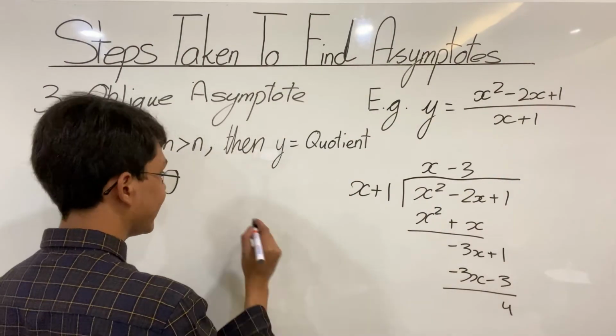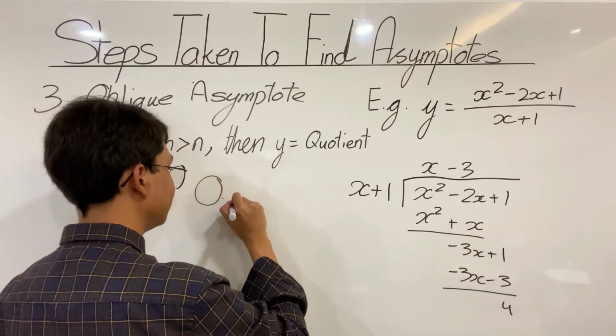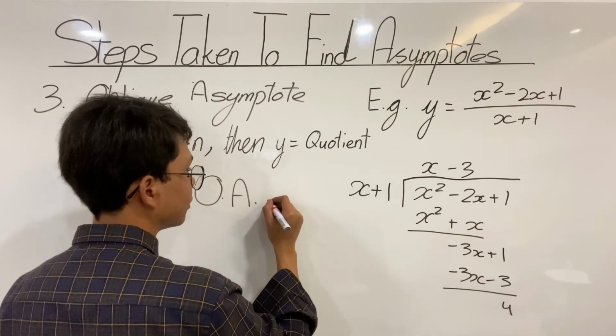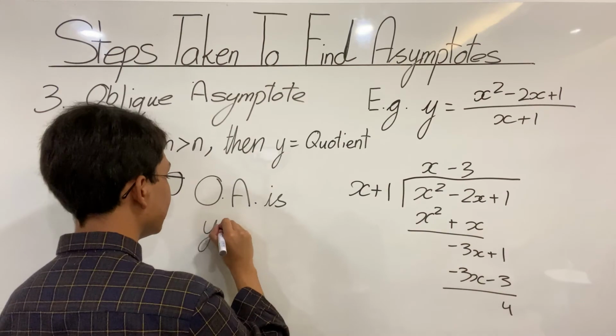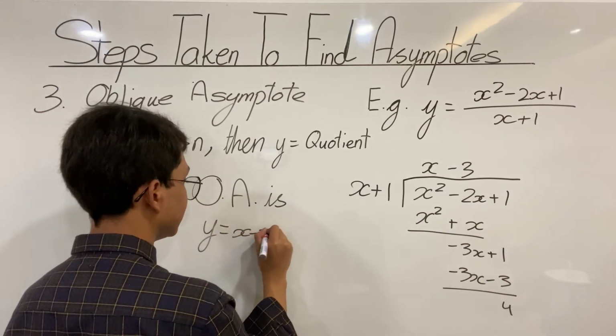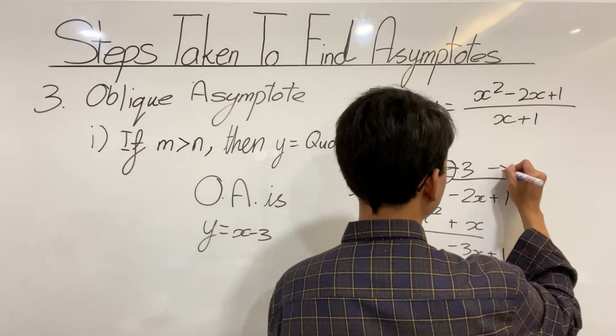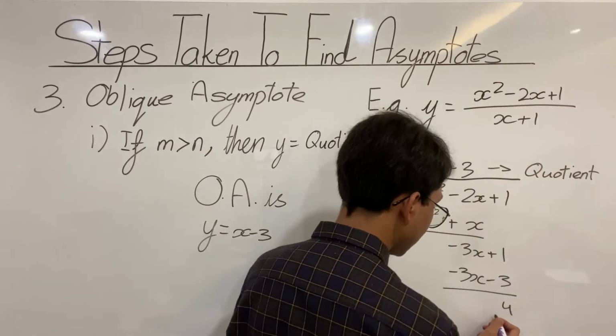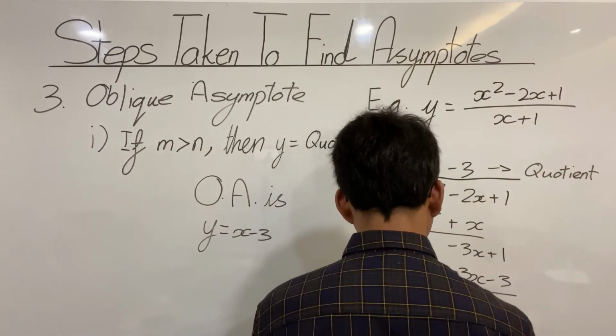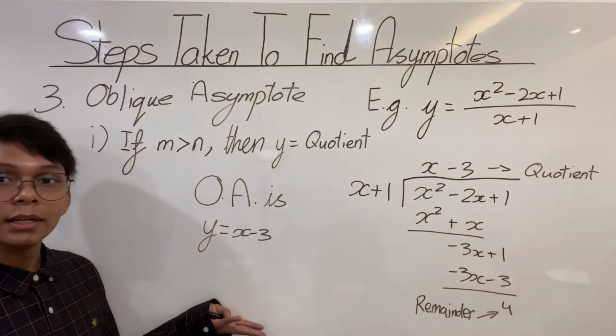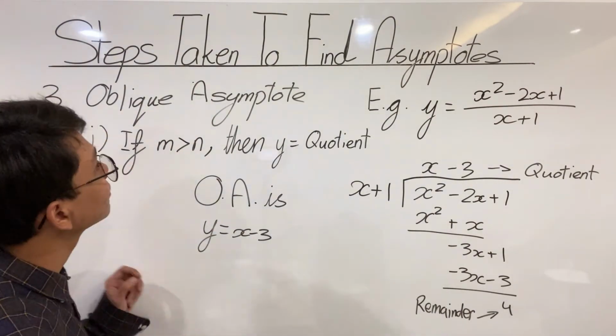Therefore, the oblique asymptote, which is O.A., is y equals x minus 3. So this here is the quotient, and this right here is the remainder. And that's it. This is how you find an oblique asymptote.